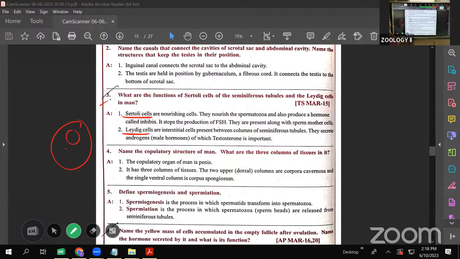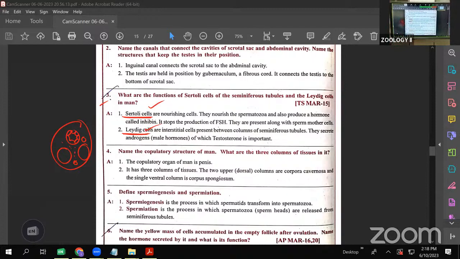Between the seminiferous tubules, interstitial tissue is present. Inside it, special cells called Leydig cells are present. The Sertoli cells are present inside the seminiferous tubules. This is the difference between Sertoli cells and Leydig cells.